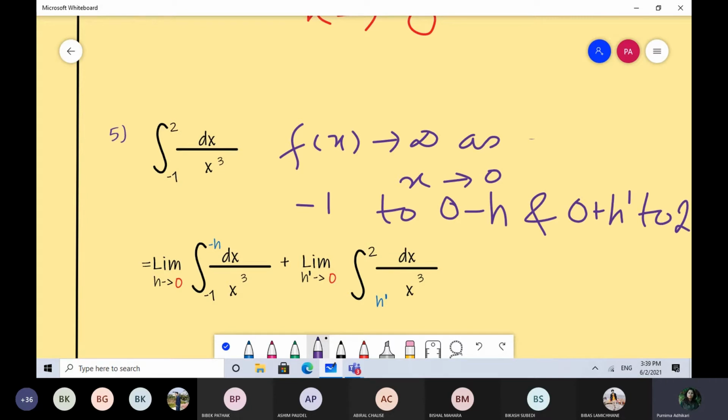Upper limit is 2. So that's what we have done here: -1 to 0 minus h, 0 plus h dash to 2. Okay. So that's your next step. We are going to break your integral into two parts according to where it is discontinuous. This part is clear?